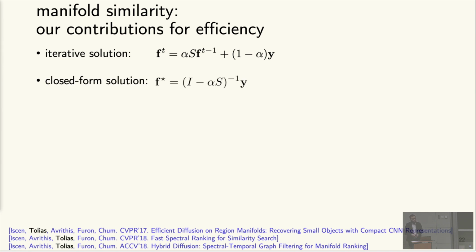There is also a corresponding closed-form solution to obtain the same result. However, the problem here is that there is a matrix involved that is not sparse. Let's recall that we are dealing with k-nearest neighbor graphs, therefore the corresponding similarity matrix is sparse. The problem is in large-scale setups, where we have a large collection of images, with estimating and essentially storing such a large matrix. So this is an efficient solution only for very small-scale problems.